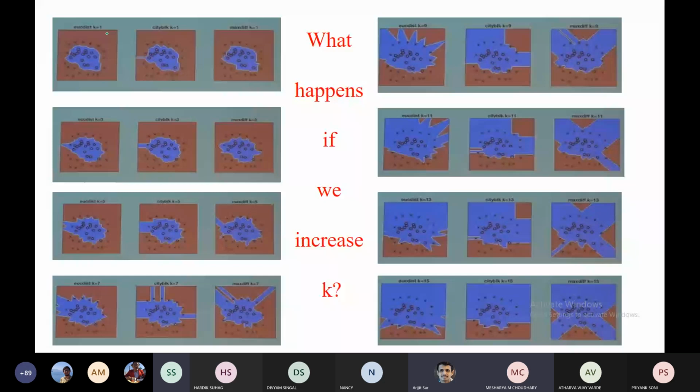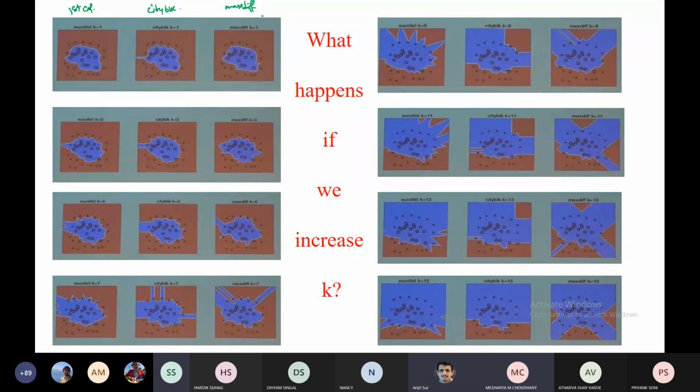The first column is the Euclidean distance. This is city block. This is maximum difference. So these are the different distances they have used, and this is how the KNN classifier works.